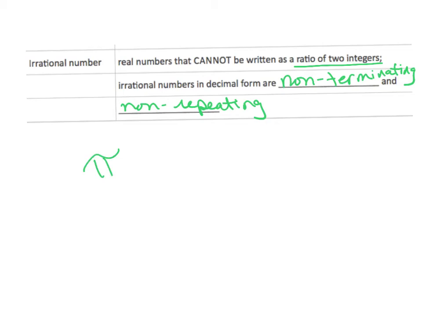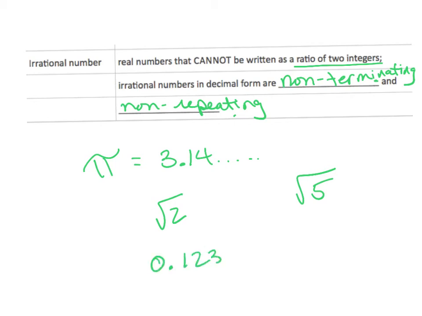Pi is the most common irrational number, 3.14, and it just keeps going. It does not end. It does not repeat. The square root of 2 is an irrational number. If you do the square root of any number that cannot come to a whole number, that is an irrational number. 0.1234543212234.